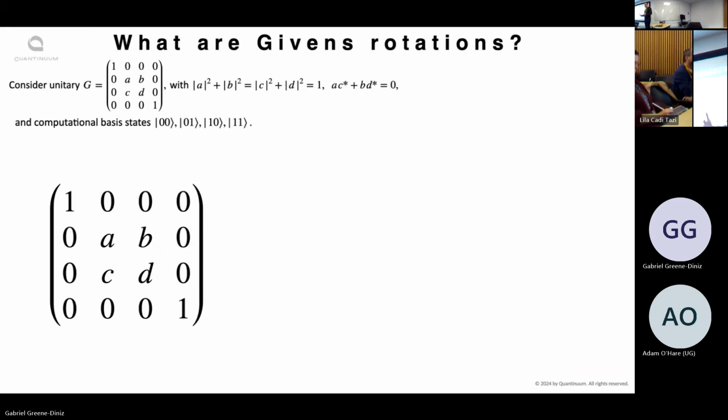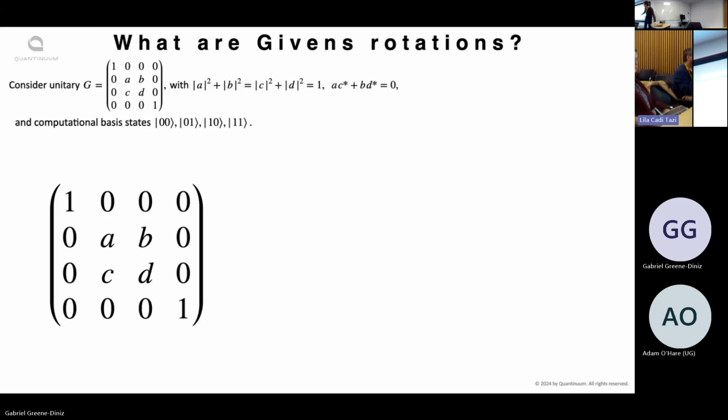This slide shows a very basic example of how and why Givens rotations are particle conserving. We work in the Jordan-Wigner encoding for this talk, where indexes of the qubits correspond to spin orbitals, and the 0 or 1 value corresponds to whether that spin orbital is occupied or not.